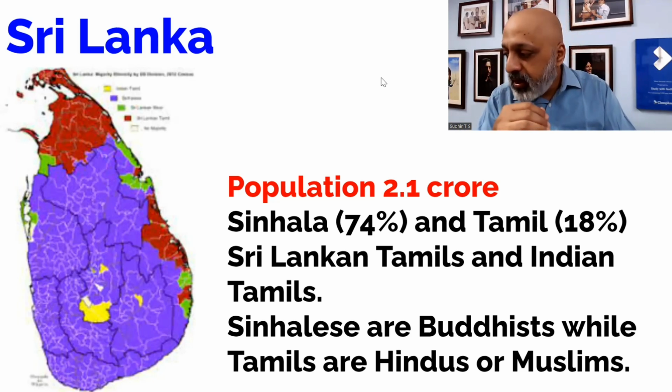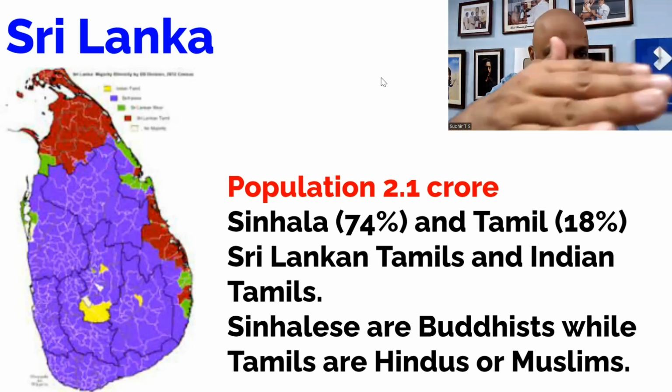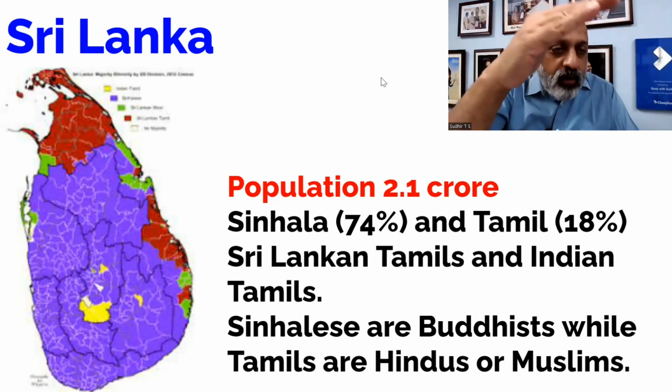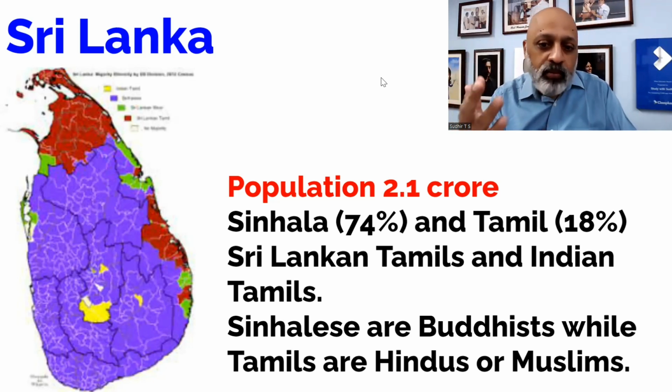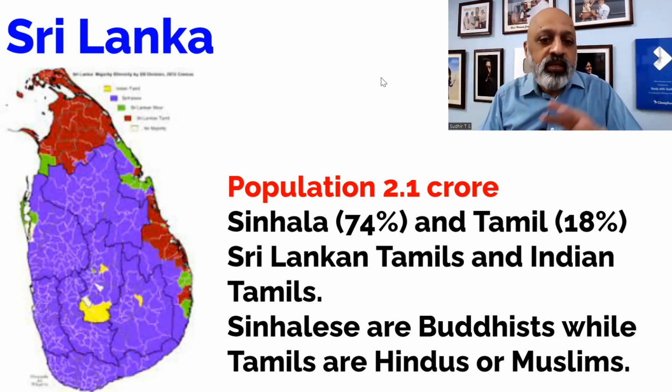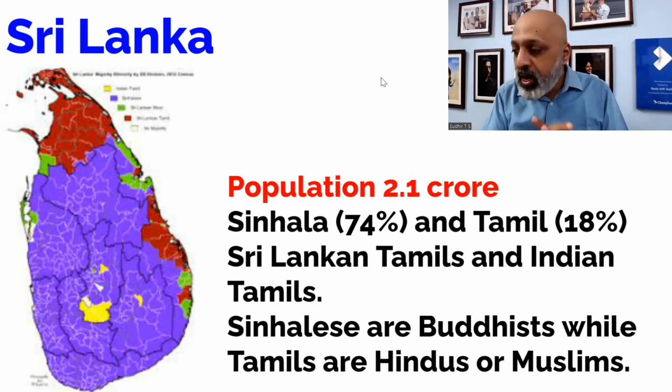Then comes the Indian Tamil area, the shaded parts, dark brown areas on top, which has very few people. Even within the 18% Tamil population, the Sri Lankan Tamil population is obviously more than the Indian Tamil population.